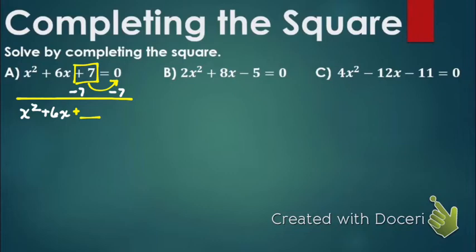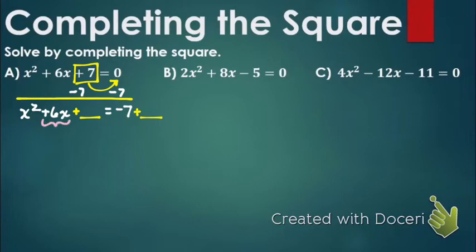Right now we know that there's a 0, but that's where we're going to put that missing value that we were coming up with on the other screen. Equals negative 7. And my rules of algebra say if I do something to one side, I have to do the exact same thing to the other side. I'm not allowed to add something on the left to make it a perfect square trinomial unless I add that exact same amount over on the right. So far, so good?